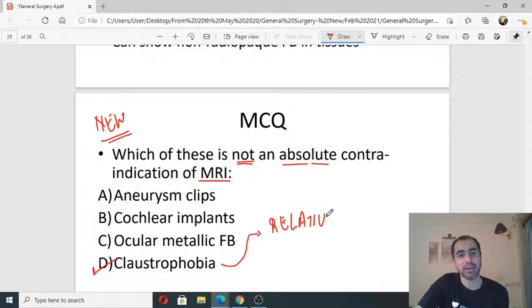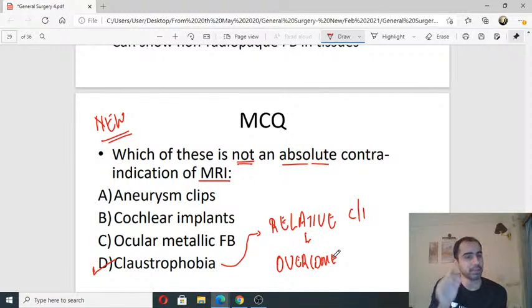It's a relative contraindication. Because understand, this can be overcome. If the person has claustrophobia, I can do the MRI under sedation. So I can give him some sedatives and then do the MRI. Claustrophobia is something that can be overcome.